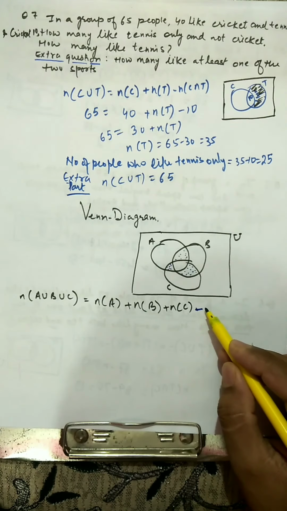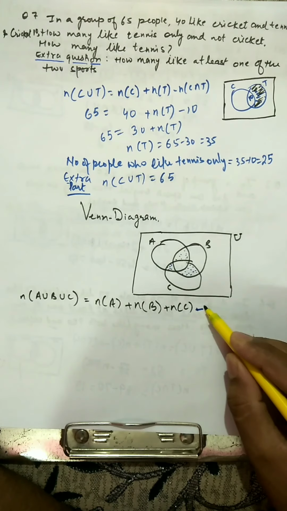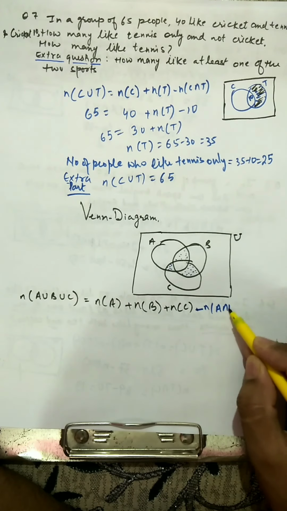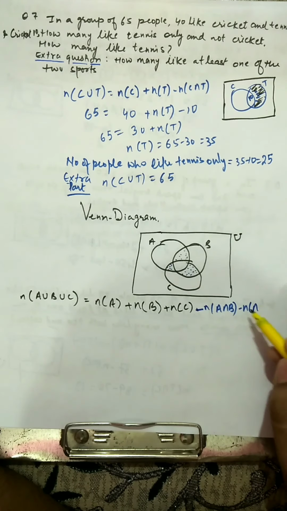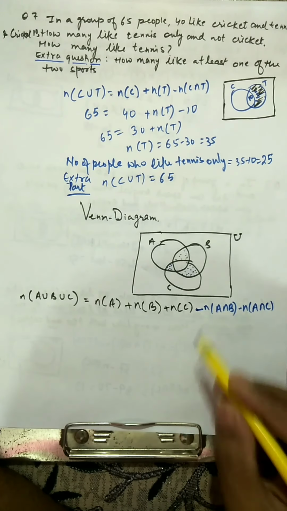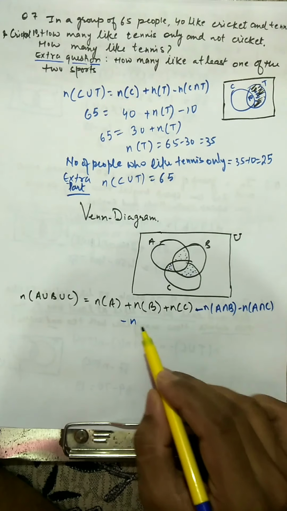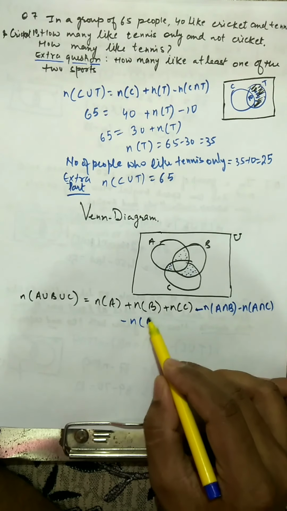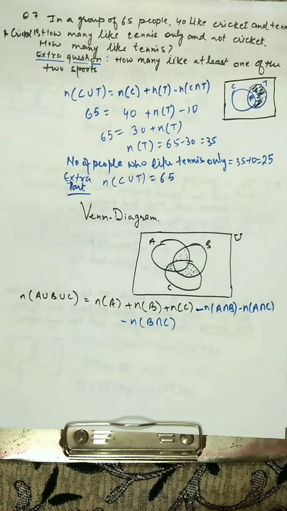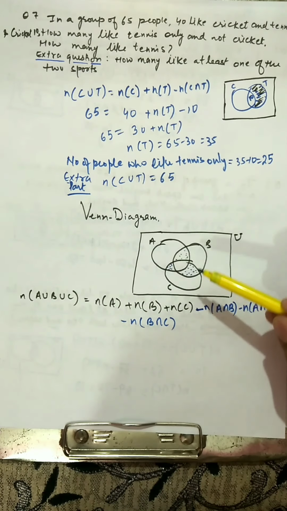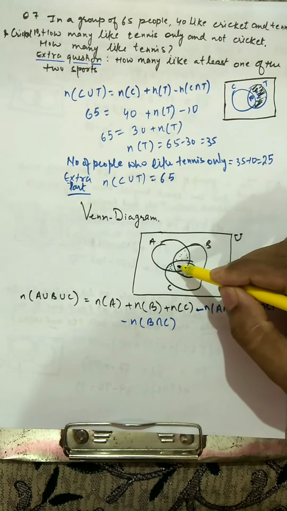So this area is minus N(A intersection B), this area is minus N(A intersection C), and this area is minus N(B intersection C). But you see that this area at the center is counted thrice.